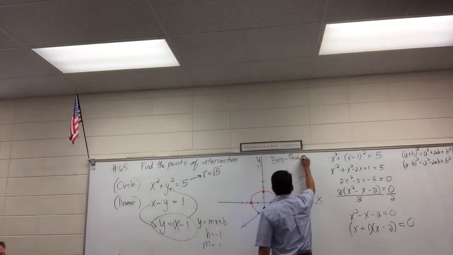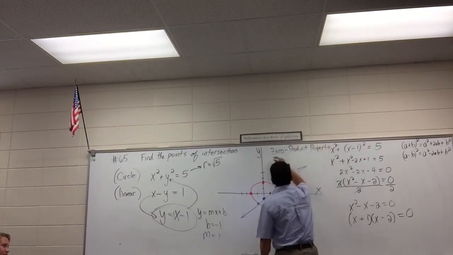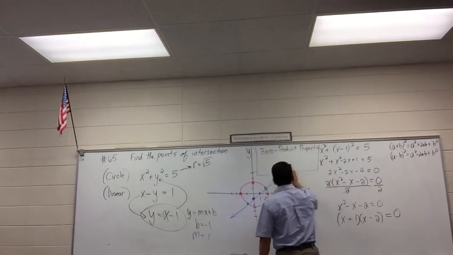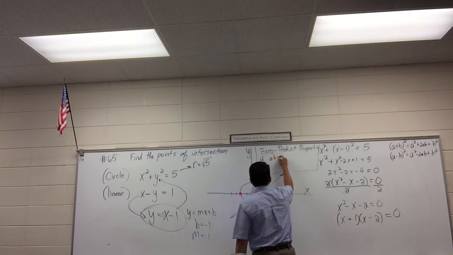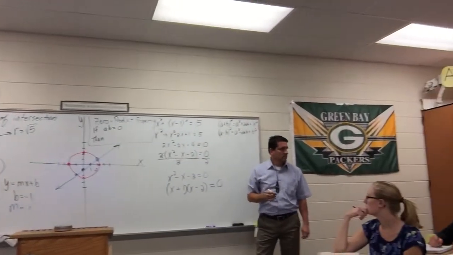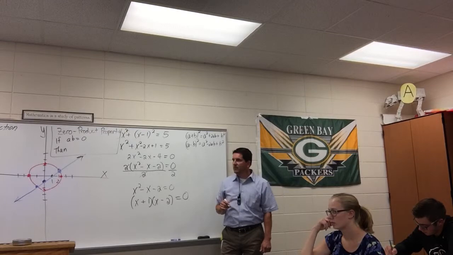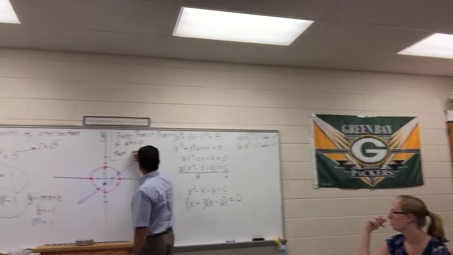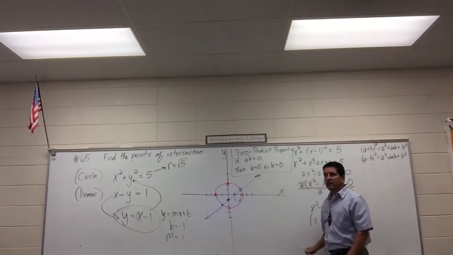This guy, I think he gets just no love. It says if a times b is equal to 0, then either a is equal to 0 or b is equal to 0. That's the only way that that works.